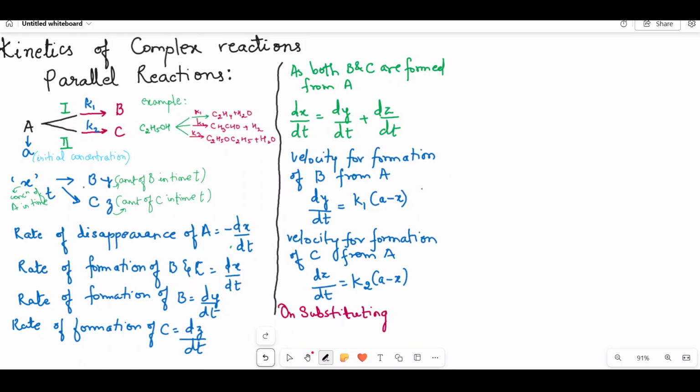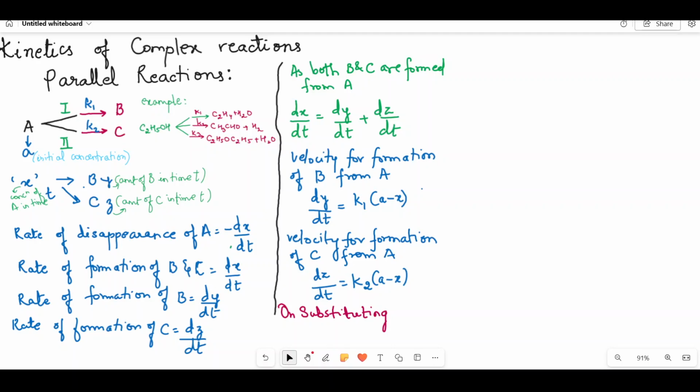We have got the values of dy by dt and dz by dt. We will substitute these two values in this equation, that is dx by dt.